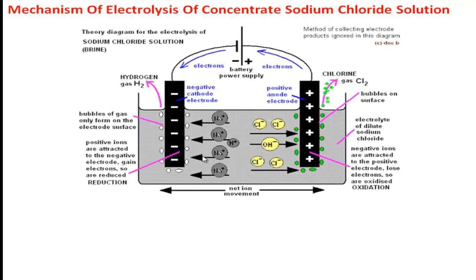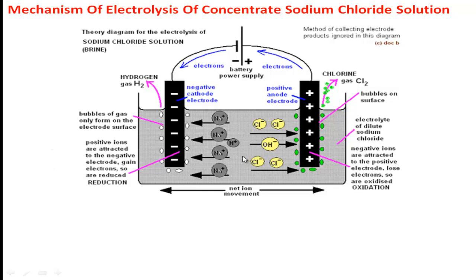Follow this picture. When we take an aqueous solution of sodium chloride as the electrolyte inside the electrolytic cell, more than one cation and anion are present. Inside the sodium chloride aqueous solution, the cations are sodium ion and also hydrogen ion, because water is present, and we know that water is partially ionized into hydrogen ion and hydroxyl ion.